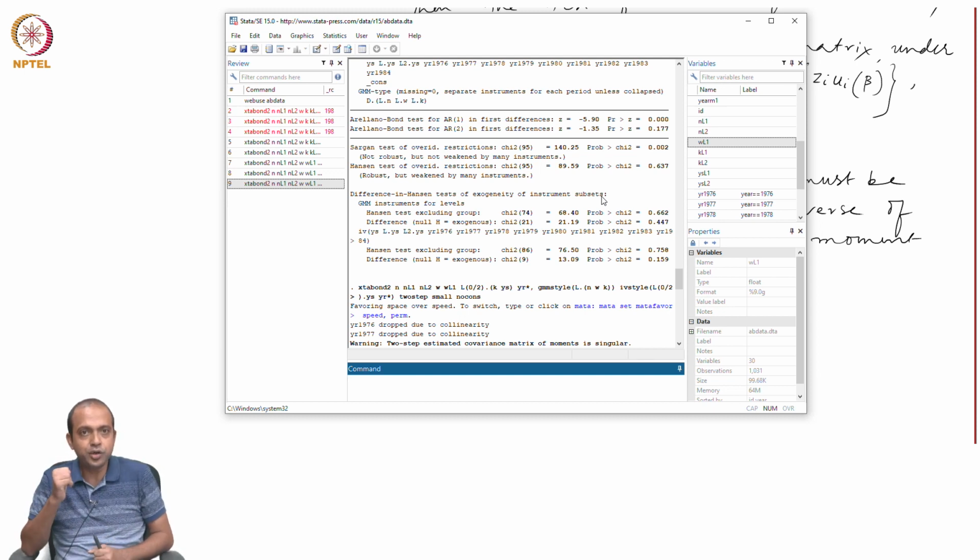So, what we have learned today? We have learned today how to use the xtabond2 command to estimate a system GMM model, and then we have also learned how the quality of the estimate changes drastically if we change the model specification.